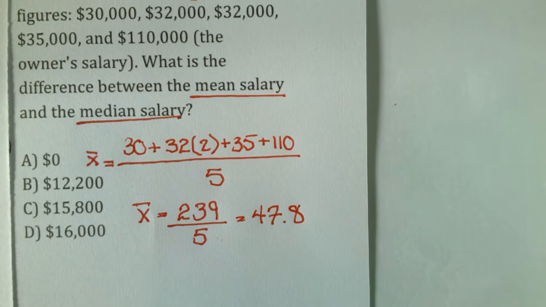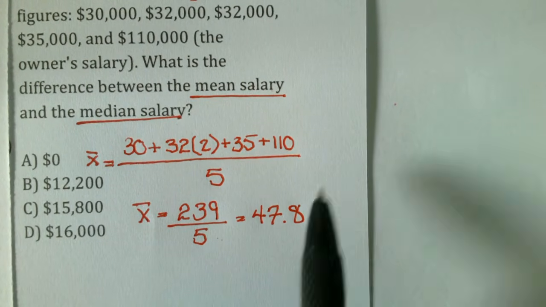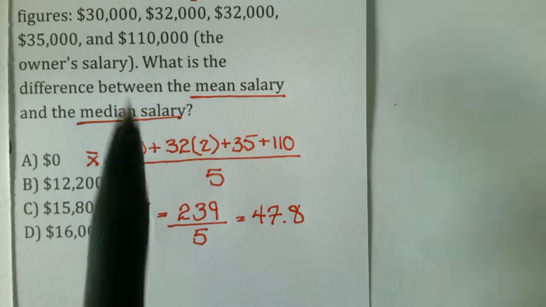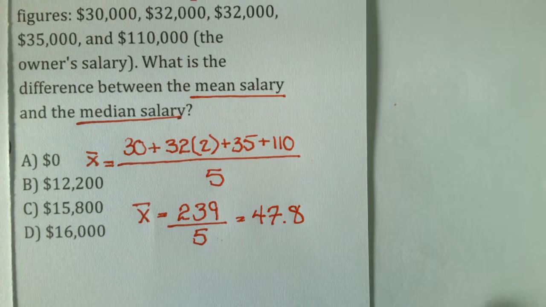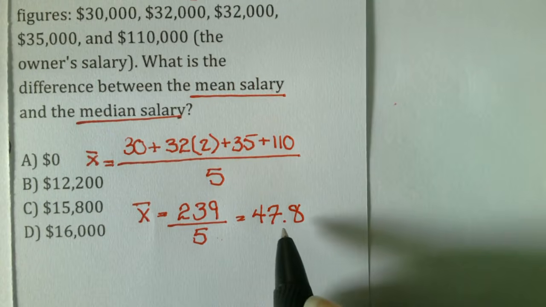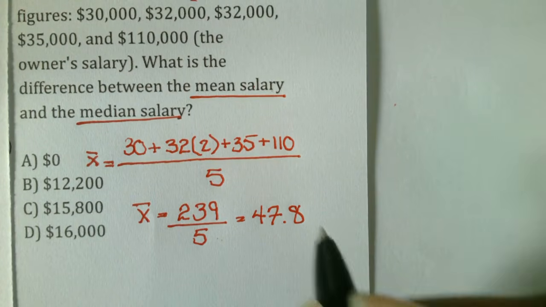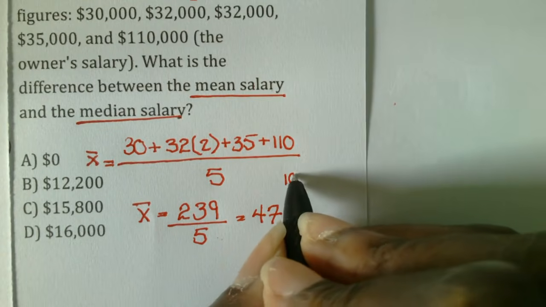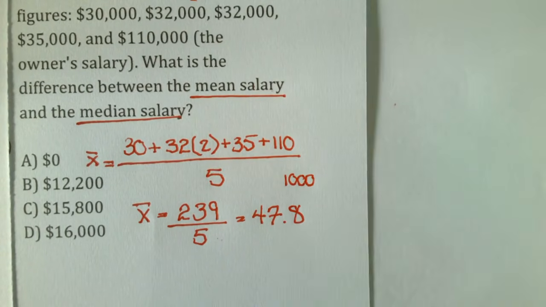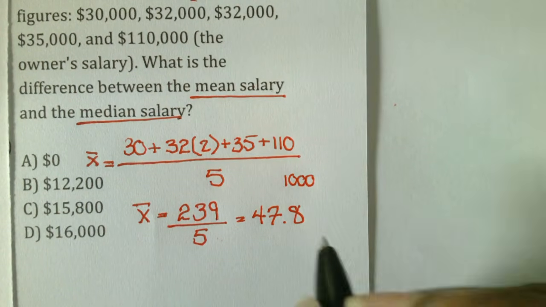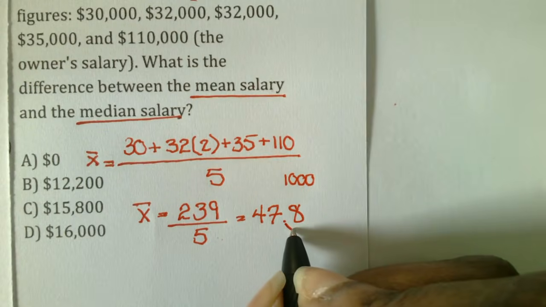But remember, we just did the first digits, and these are representing thousands. So I could take this number and multiply it by 1,000, or since 1,000 has 3 zeros, we can move the decimal place over 3 times to the right to make it a bigger number.